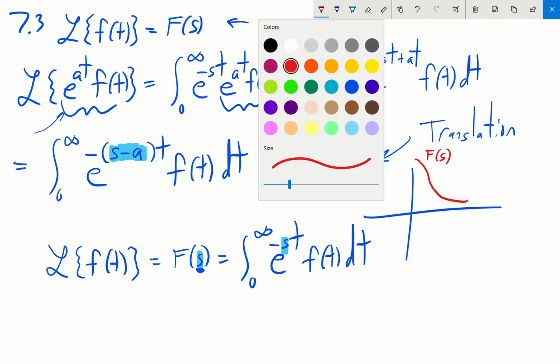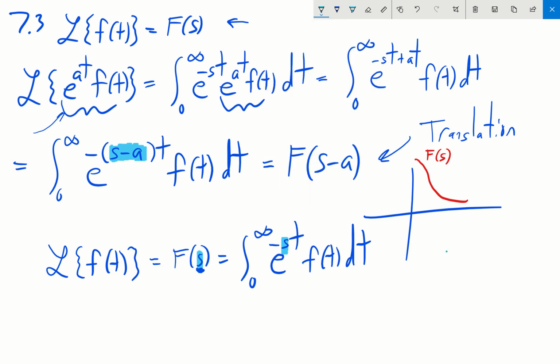If a is greater than 0, then the graph of F of s minus a would simply be translated a units to the right. And then, of course, if this was s plus a, then essentially a would have been negative, and it would have been the translation of the Laplace transform, but moved to the left.